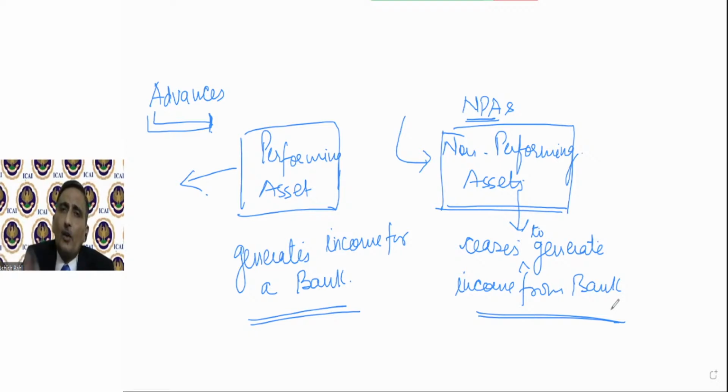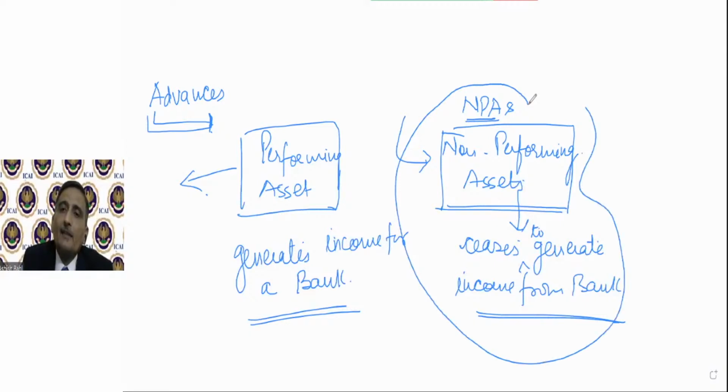Say I have taken a car loan from a bank, a very easy example, and I have to pay interest monthly, and I have to pay the installments also monthly, and I fail to pay the installments or I fail to service the interest. Then that loan in the books of the bank, upon meeting certain conditions, would become a non-performing asset.